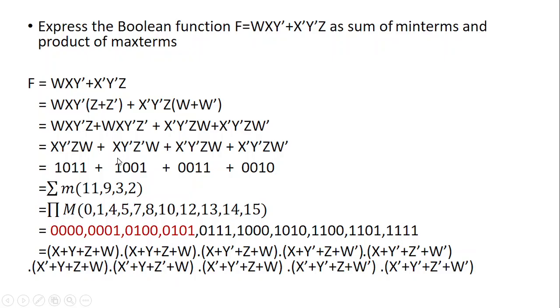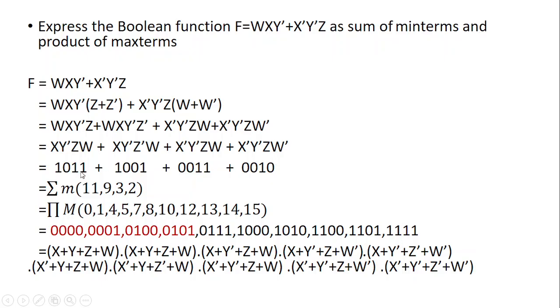You write x 1, y bar 0, z bar 0, w is 1. Wherever the normal form, you write 1; inverted form, you write 0. This is the sum of the product terms, remember. Then x bar is 0, y bar is 0, z 1, w 1. X bar is 0, y bar is 0, z is 1, w bar is 0.